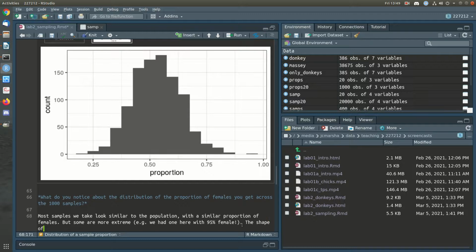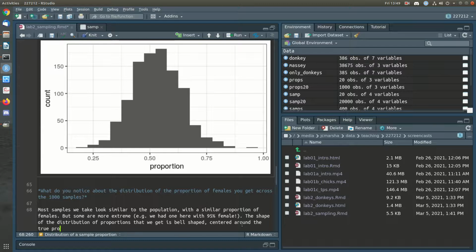The shape of the distribution of proportions that we get is bell-shaped, centered around the true proportion of females, 52.8%, but with quite a bit of spread.